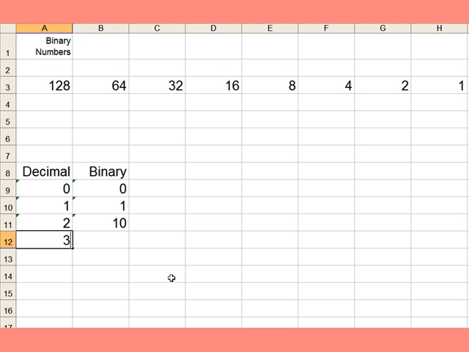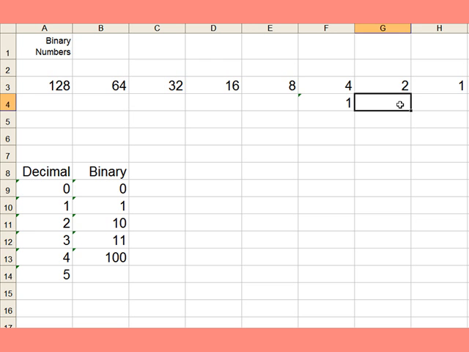In decimal, 3, how would we write a 3 in binary? One group of 2, and one group of 1. In decimal, 4. How would we write 4 in binary? One group of 4, no 2's and no 1's. So now we have a 3-place number, 1, 0, 0. The number 5 in binary, are you getting the hang of this?